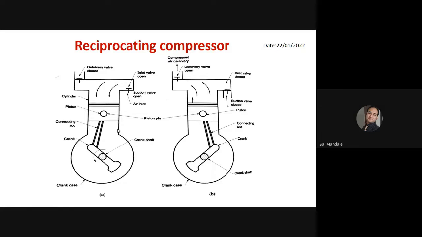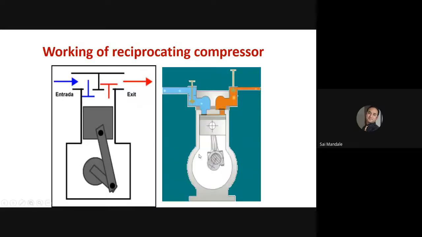Now what about its working? When I'm telling you that the piston is reciprocating inside the cylinder from TDC to BDC, you can see over here, it goes up to that point and it goes down to somewhere here, BDC. So again, the piston is reciprocating inside the cylinder from TDC to BDC and from BDC to TDC.